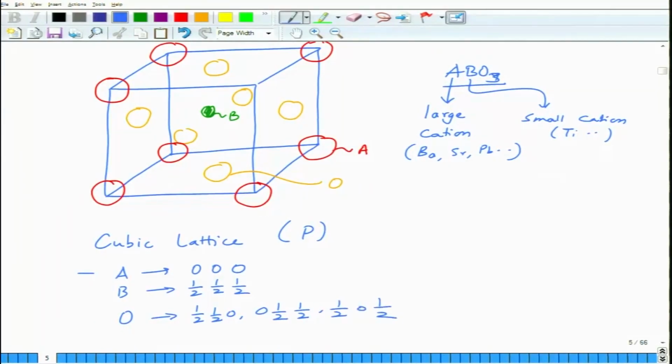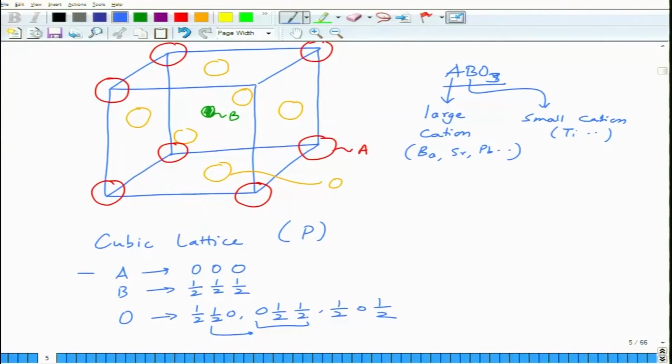If you are defining a primitive lattice, you need to define all the positions because the primitive lattice vector is only 1, 0, 0. So, if you go from half, half, 0, the lattice translation is only 1, 0, 0. You will go to 3 half, 1 half, 0. So, you can't get the other point. You need to explicitly mention these points, because in FCC lattice the lattice vector is half, half, 0.